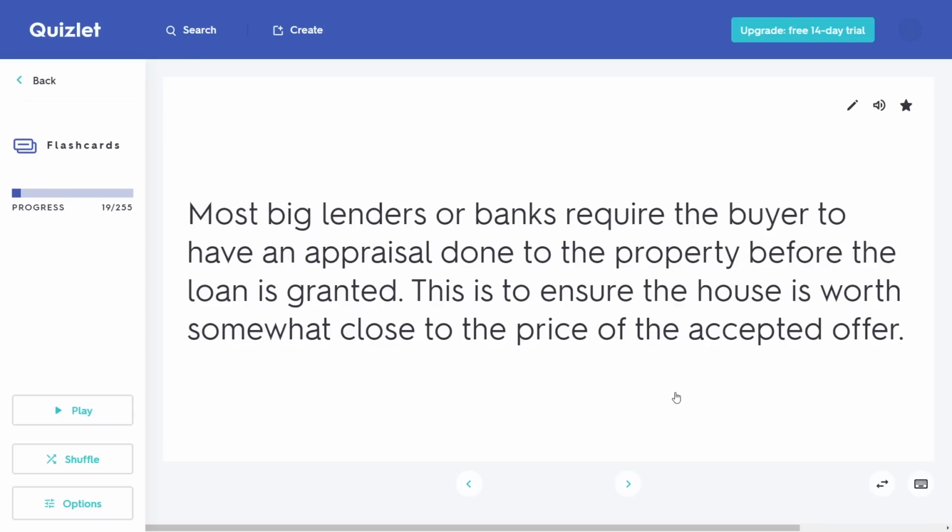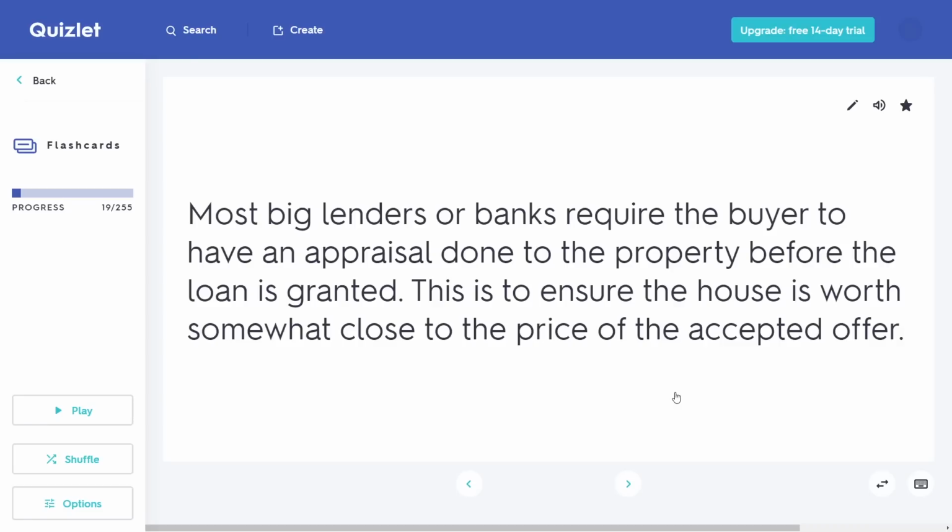But the appraisal contingency is the specific part in a contract that states, hey, you need to have an appraisal done, and if something comes up and it might affect the transaction, then the buyer is able to potentially back out of the deal if there is some sort of an issue.